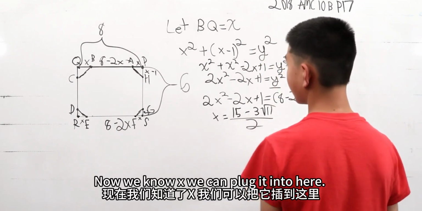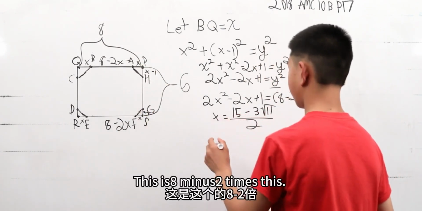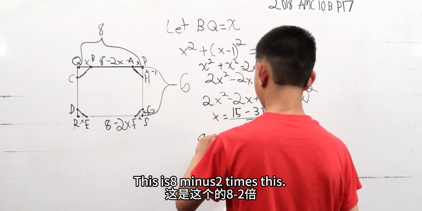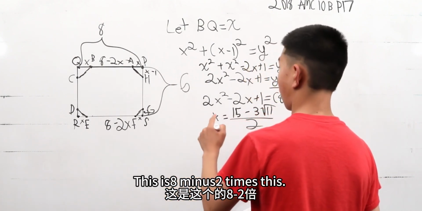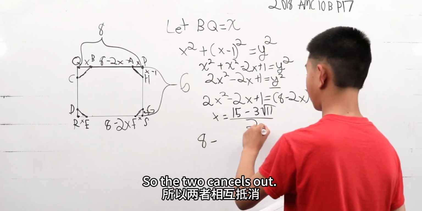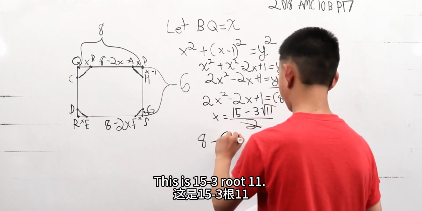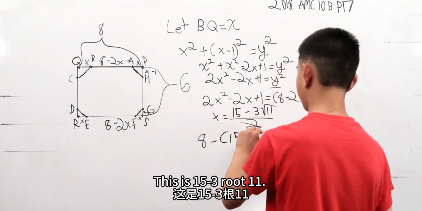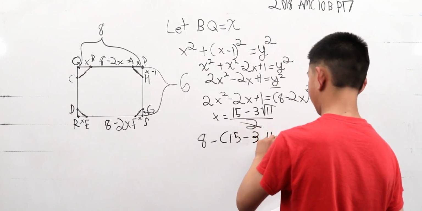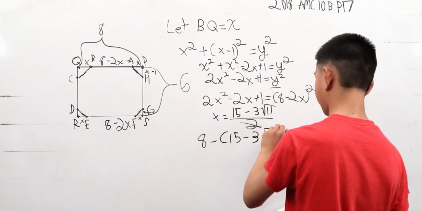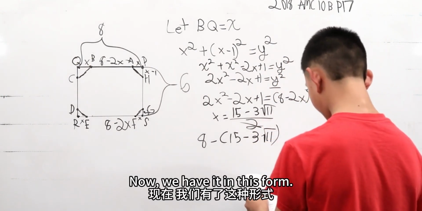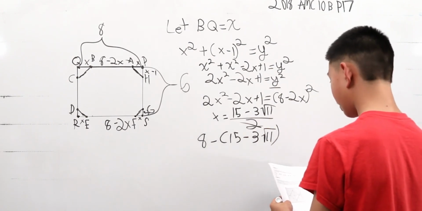Now we know x. We can plug it into here. So this is 8 minus 2 times this, so the 2 cancels out. This is 15 minus 3 root 11. Now we have it in this form.